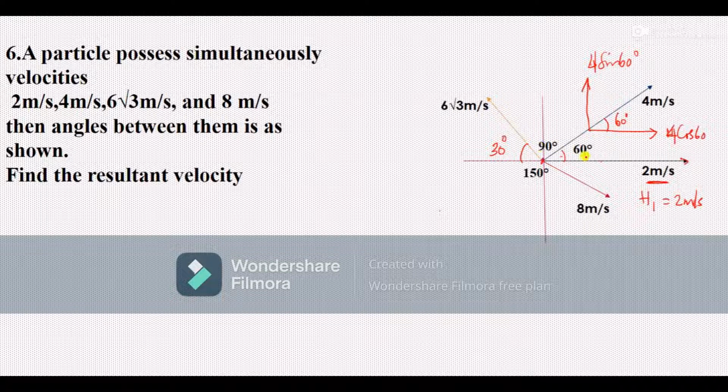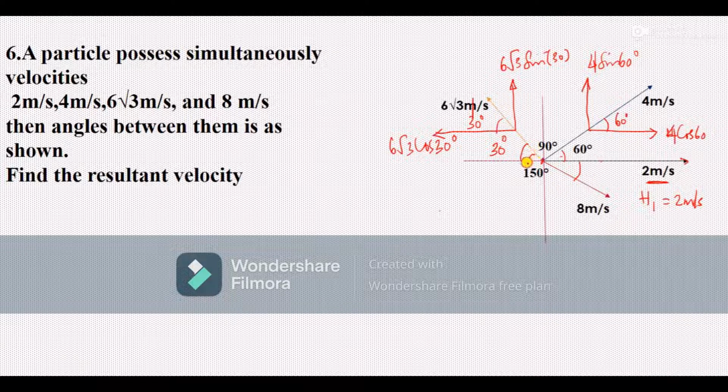As you know, this 30 degrees is because 60 plus 90 plus 30 makes 180 degrees. So using 30 degrees, we resolve this 6 root 3 velocity in the horizontal and vertical directions. Whenever the angle is next to some side, that side becomes cos theta. The side which is not having the angle becomes sin theta.